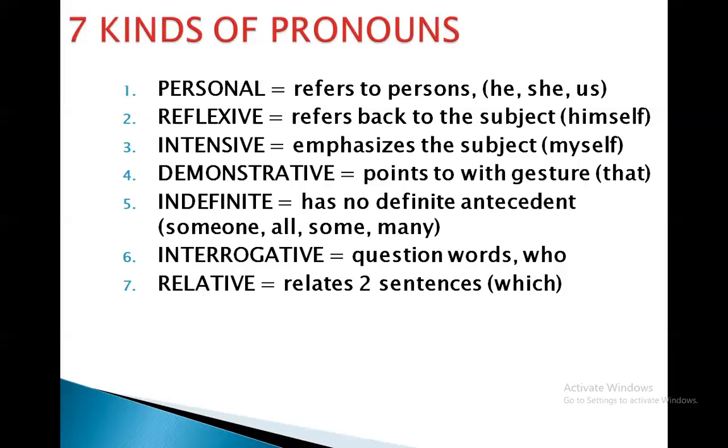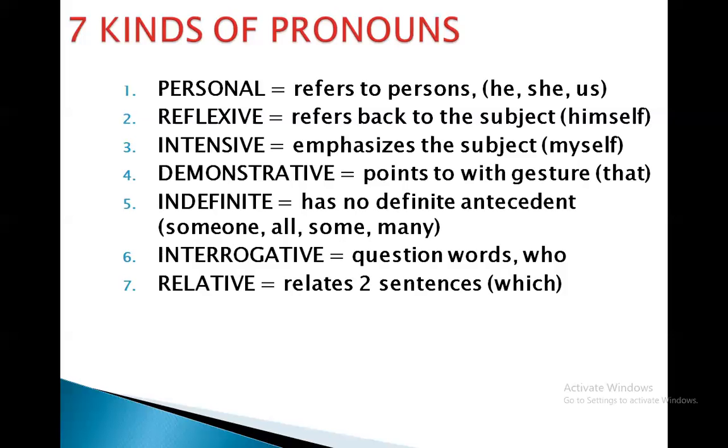An interrogative pronoun is a pronoun used as a question, like question words, such as who. And a relative pronoun is a pronoun which relates two sentences, used to join two sentences. For example, which is also a relative pronoun. Even that is also a relative pronoun.